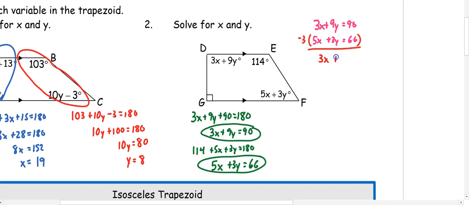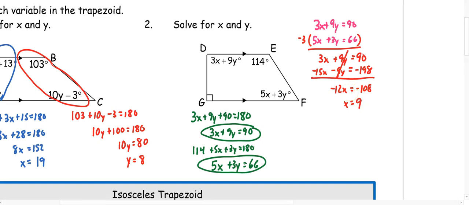So I get 3x plus 9y equals 90, and -15x minus 9y equals -198. So when I add straight down, my y's cancel out. I'm left with -12x equals -108. And when I divide by -12, I get x equals 9.